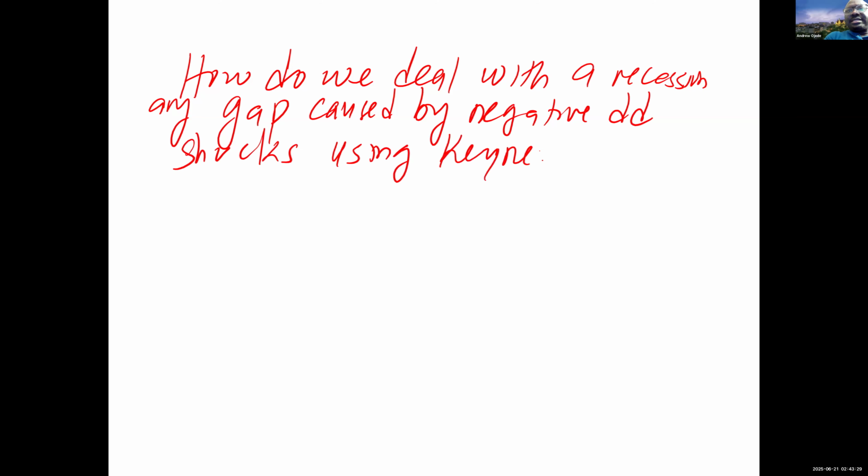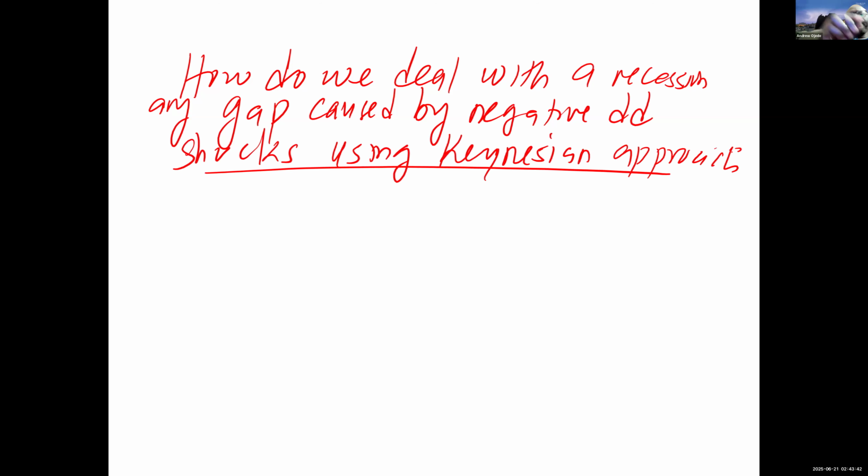So you're going to see that in this Keynesian approach, you shift the demand curve, you don't shift the supply curve. Okay, so here we're going to draw.